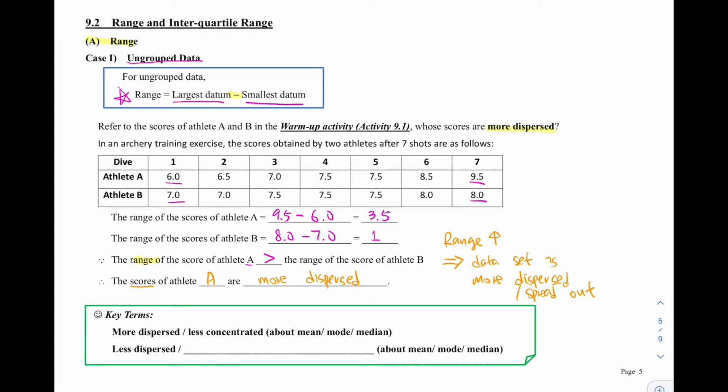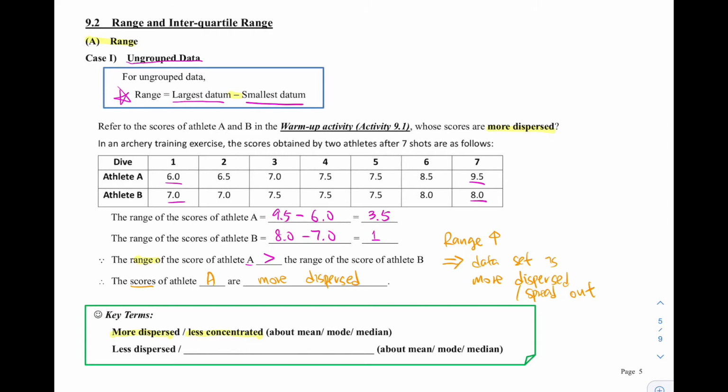And so we learned some key terms to help you to answer some questions. We can say the data set with higher range is more dispersed or less concentrated about the mean, mode, or median.